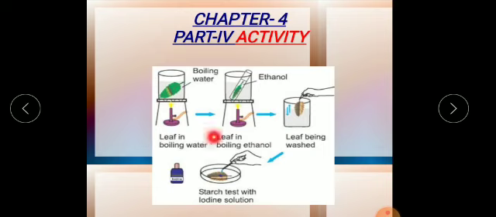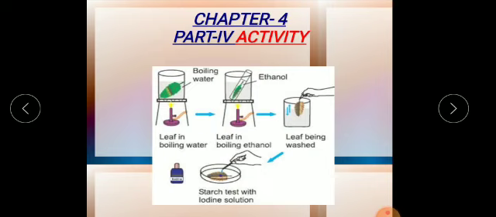So you can see the starch test with iodine on this leaf. When we put 1 or 2 drops of iodine solution, if starch is present, it will turn blue black.